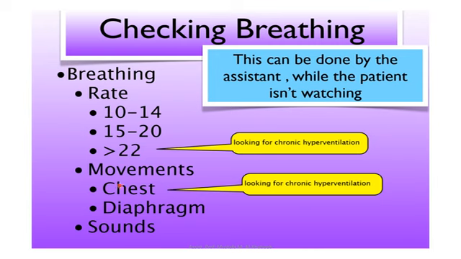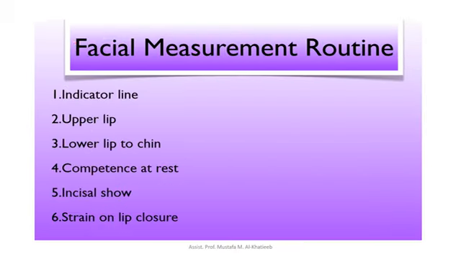Also movement of the chest, diaphragm during breathing, and we notice if there are sounds. Facial measurement routine, indicator line, upper lip, lower lip to chin, competence at rest, incisal show, and strain on lip closure.